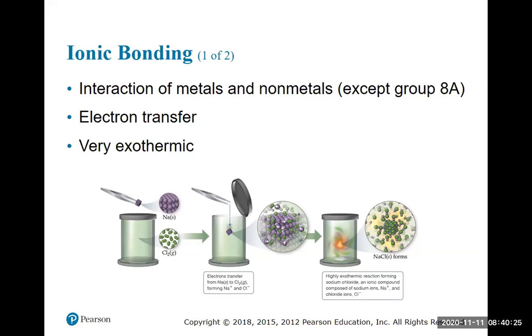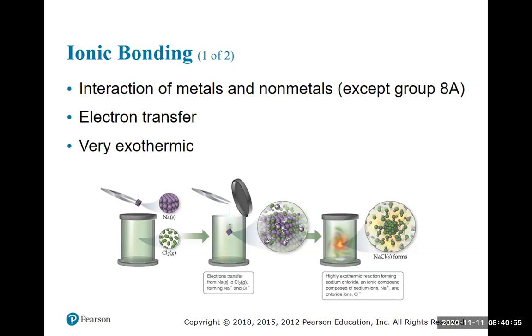So in ionic bonding, remember the other thing that we talked about with metals and nonmetals is that metals like to give up or donate electrons, and nonmetals like to accept electrons. So this type of bonding is called an electron transfer type bonding, because you're typically transferring an electron from the metal to the nonmetal.